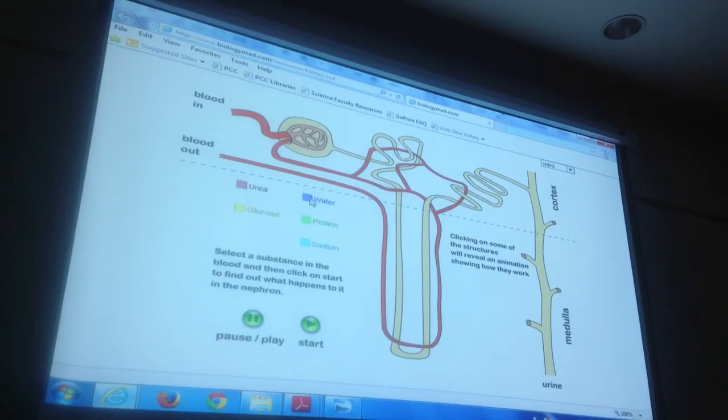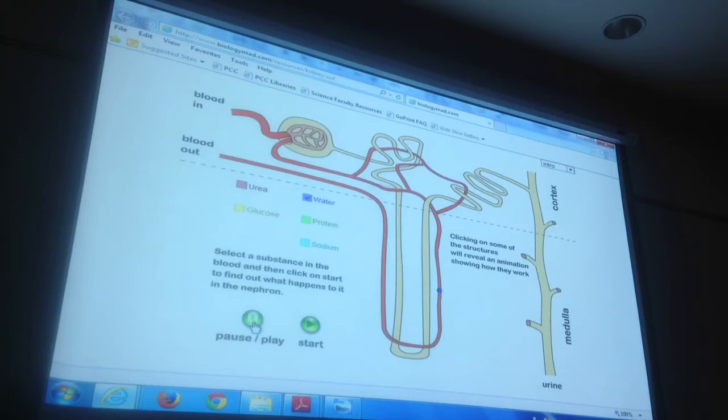Let's do another one. Let's do water. Here we go. What do you think you'll see? There's one. There's two. Should be one more. So why are there three little water balls bouncing around? Because we love water.